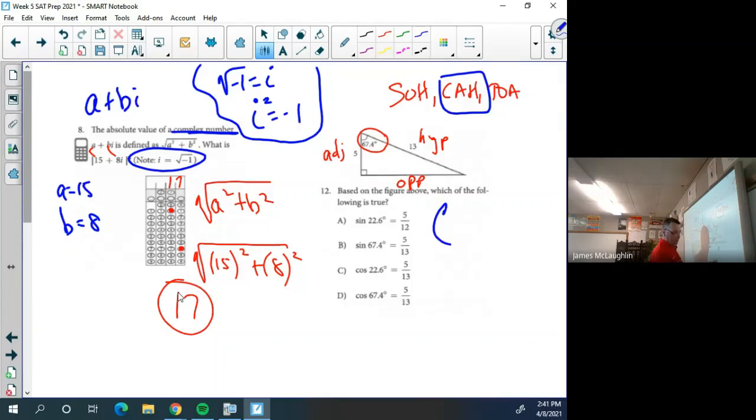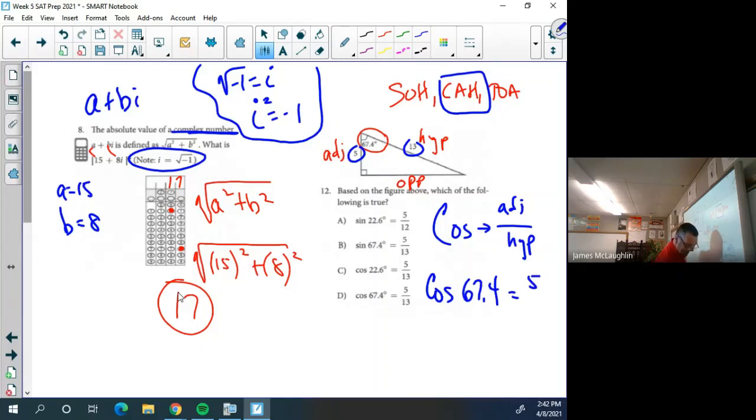The cosine function in mathematics is equal to the adjacent side divided by the hypotenuse. So our adjacent side is 5 and our hypotenuse is 13. We could say that the cosine of the angle that was given to us, 67.4 degrees, is equal to adjacent, which is 5, divided by hypotenuse, which is 13.